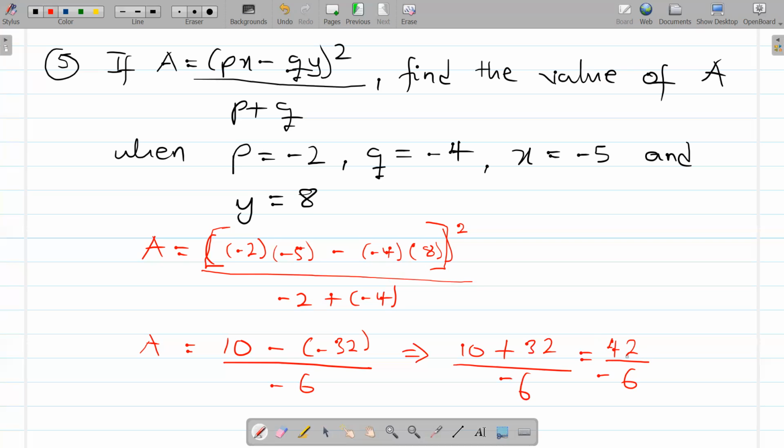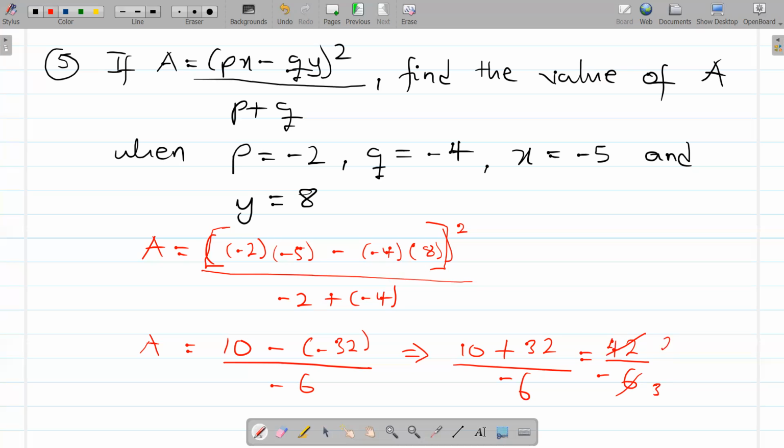So 6 goes into 42 how many times? 2 goes into 6, 3 times. And 2 goes into 42 how many times?